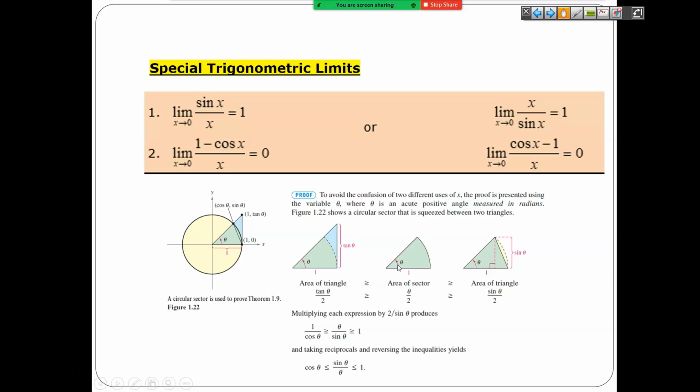And then we go to our S equals R theta from our last unit, and the S equals R theta gives theta over 2. Therefore, the area becomes sine of theta over 2. And we can make this whole idea that it is going to live and be less than or equal to 1, which is why the sine of theta over theta, or sine x over x, is equal to 1.